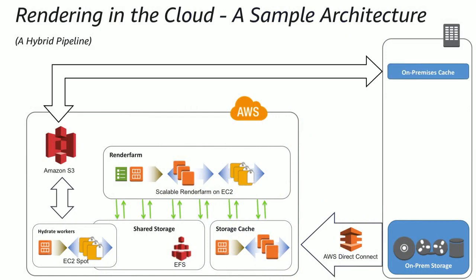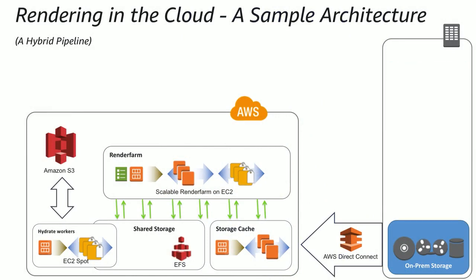First of all, a quick recap. This is an example architecture, very high level, of how rendering in the cloud could be accomplished. On the right-hand side of the screen, you'll see the on-premises infrastructure where you could have your raw assets.